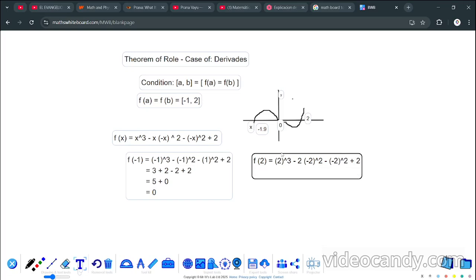Now we're going to go right here and let's say 2 elevated by 3 is 2 by 2 by 2, which is equal to 4 and then 8. But actually, what we have to do is as simple as 8 and then 2, minus 2 elevated by 2 is equal to 2 by 2 is 4, and that is positive. Then 2 plus 4 positive.